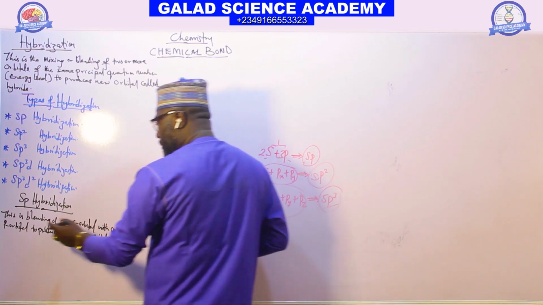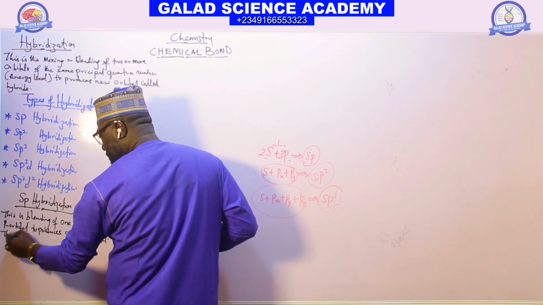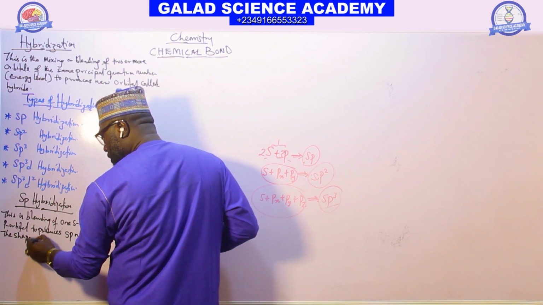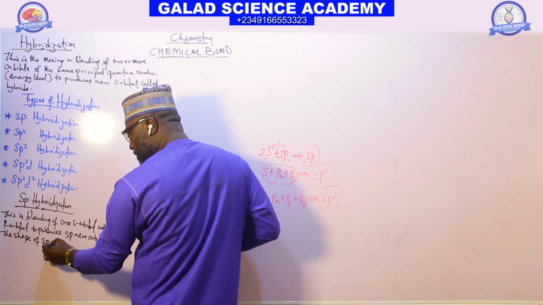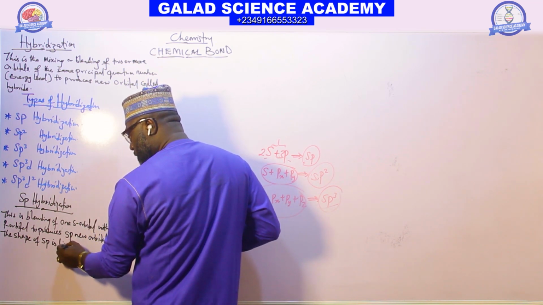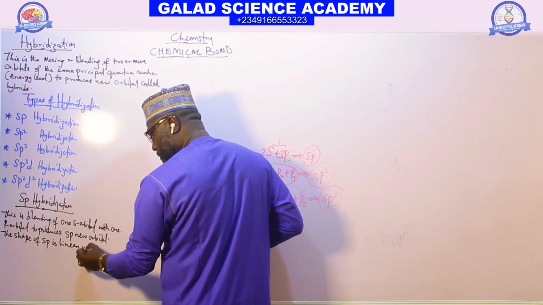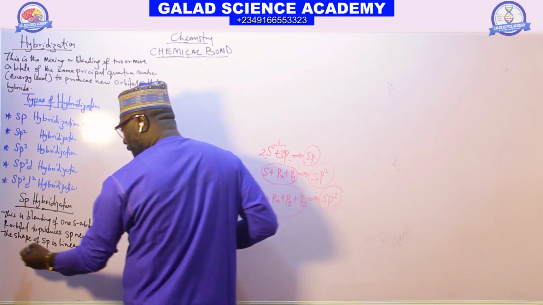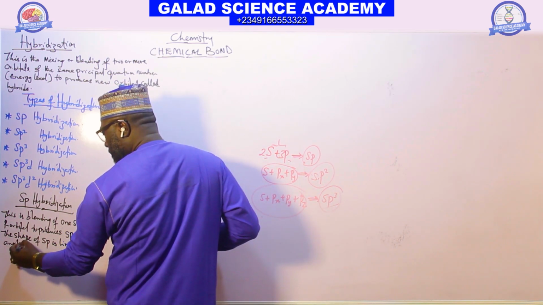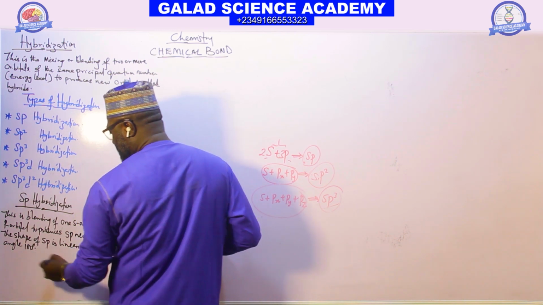And the shape of sp hybridization is linear, with angle 180 degrees.